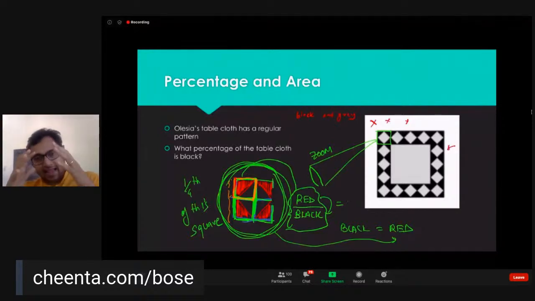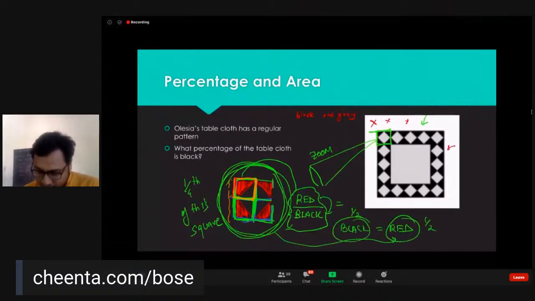So we have this black and the red now. Okay, now let's go back to this original problem. If this is black and this is red, this is half and this is half, and together they make one, right? Great. So how many of these squares are there in the picture?